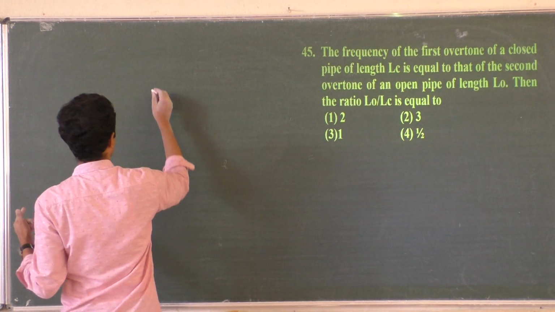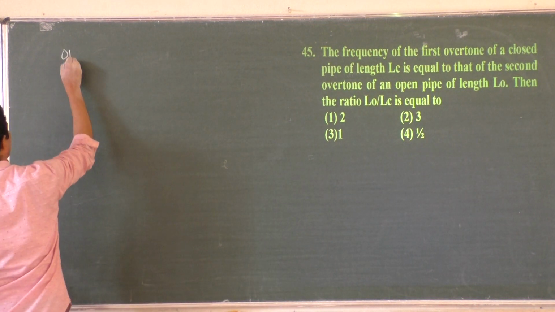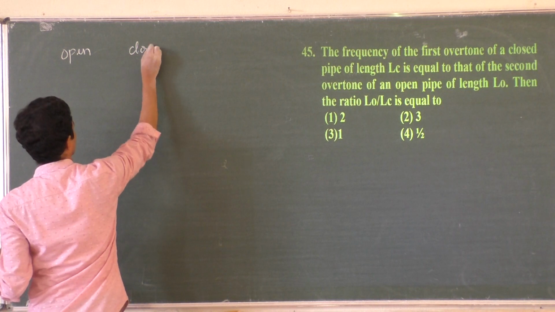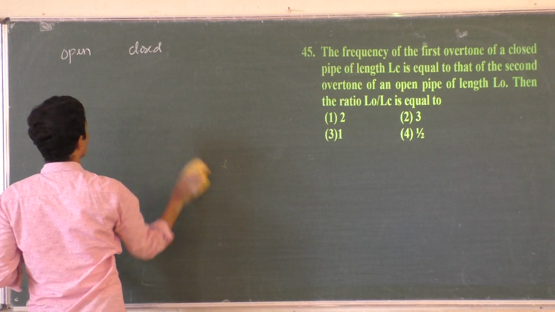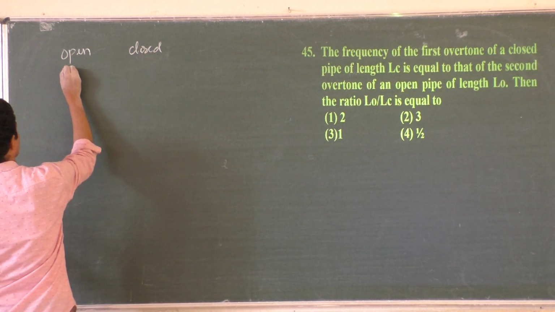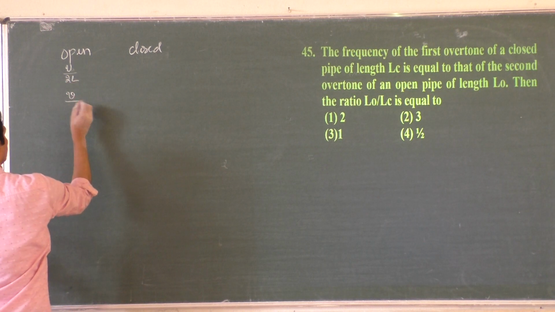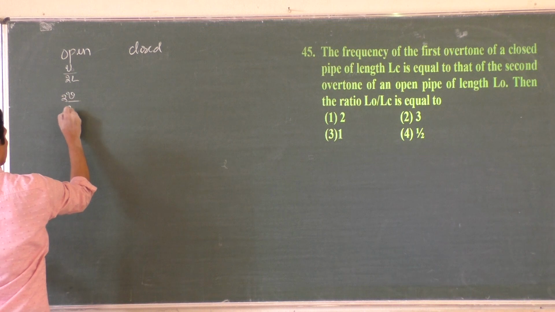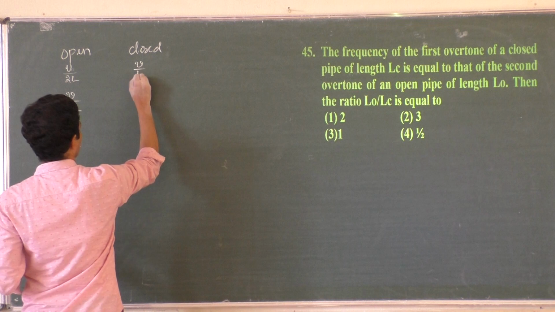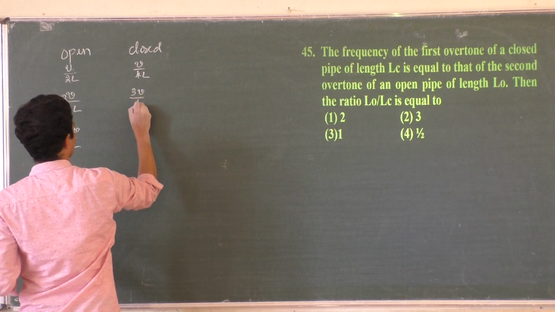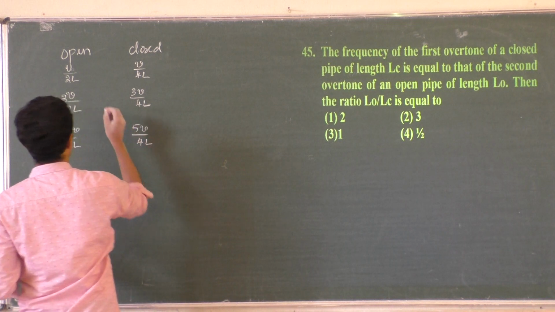Frequency of the first overtone, okay, open pipe, I'll write it and keep it here. It is needed. Open, closed. Open pipe: V by 2L, 2V by 2L, 3V by 2L. Closed pipe: V by 4L, 3V by 4L, and 5V by 4L.